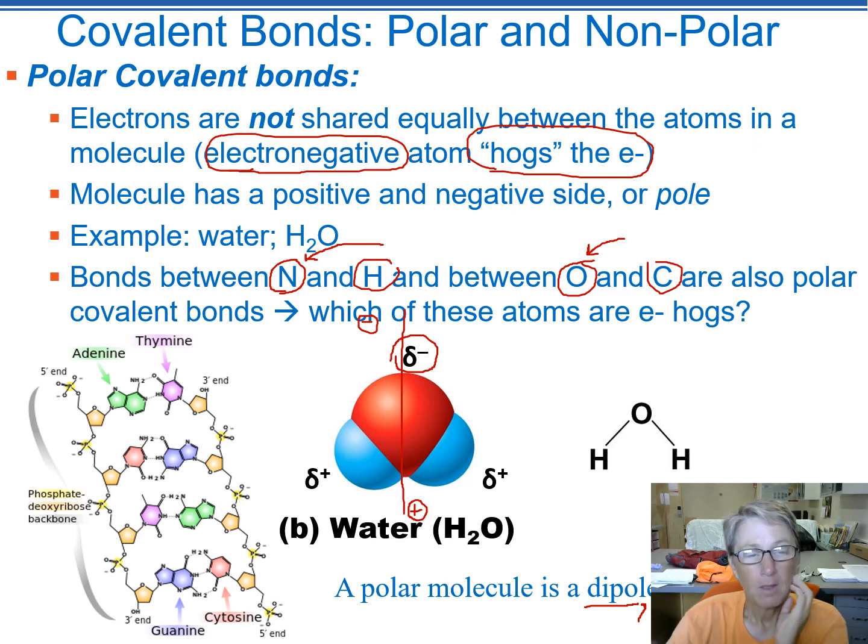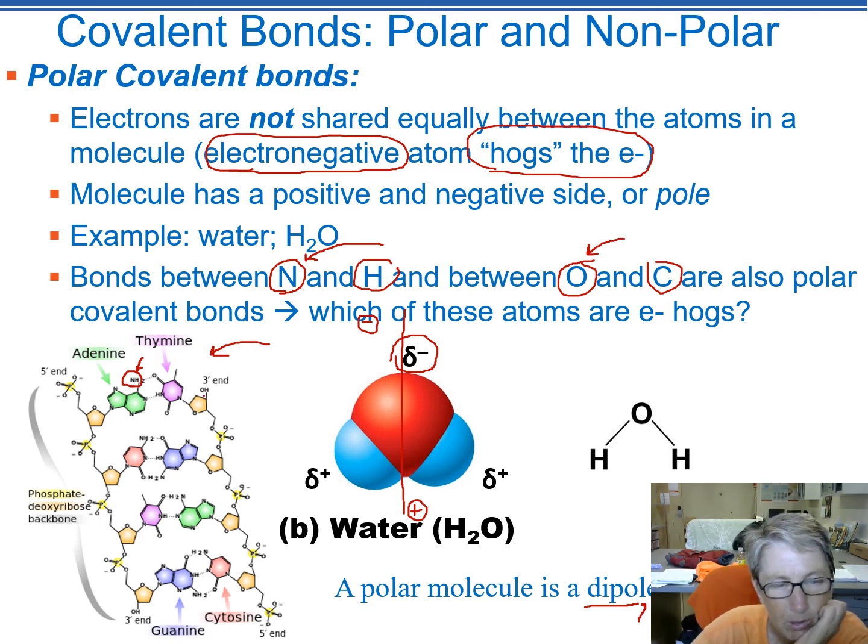And then we'll talk about this a lot later, but I'll just introduce it now. If you guessed that this was a molecule of DNA, you would be right. And it just shows in this cartoon, here's an N and an H. So this is just to illustrate that between the N and the H in DNA, you have a polar covalent bond.